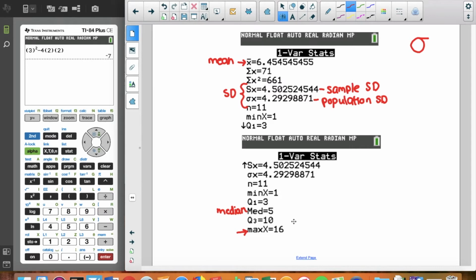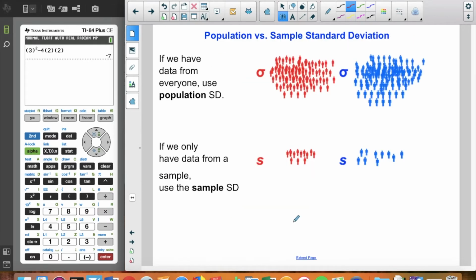Okay, so now let's talk about the differences between standard deviations. So the population standard deviation, that's if you have data from everyone, so you're using every single data point. So that is when you use this Greek letter. It's called a sigma. It's a lowercase.